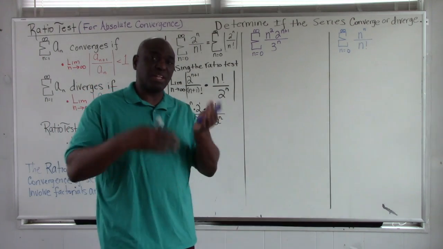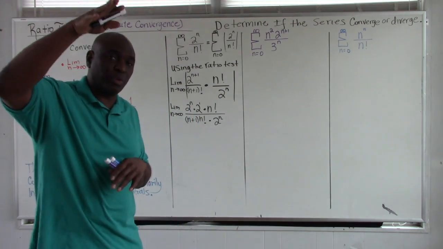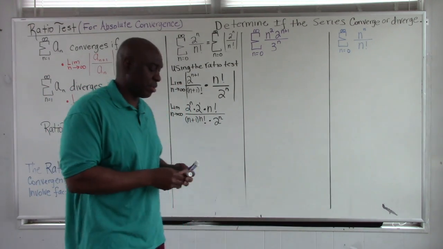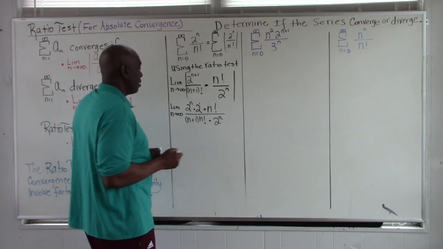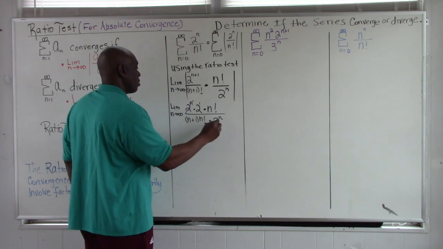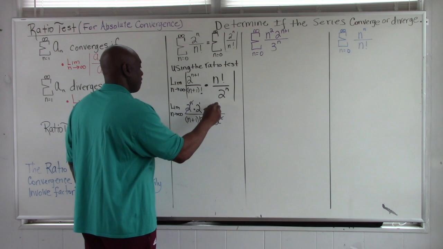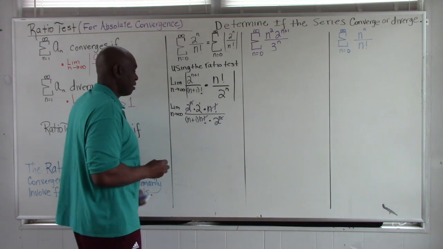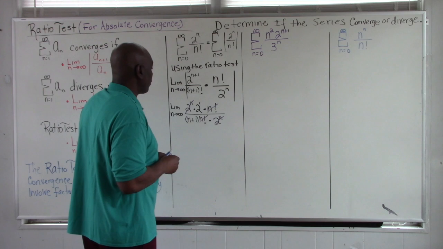Now you can begin to cancel some factors in the numerator with the factors in the denominator. Let's do that. Our 2 to the n's go to 1, our n factorials go to 1.